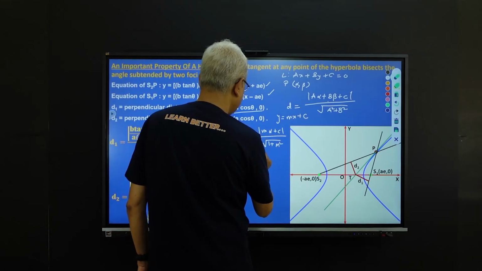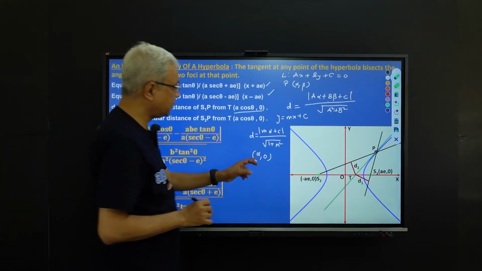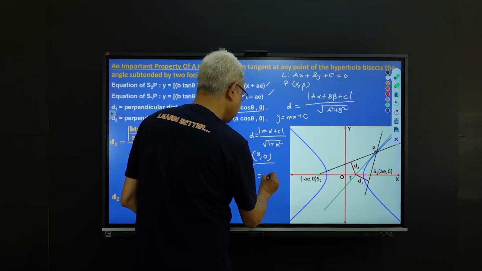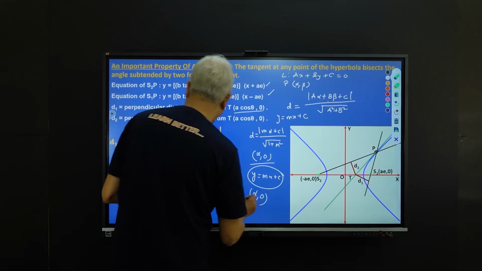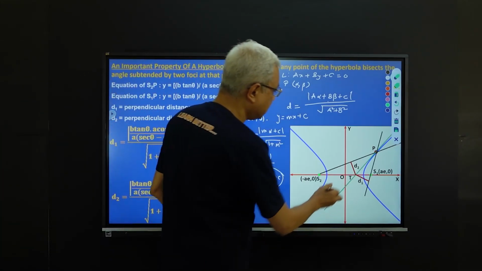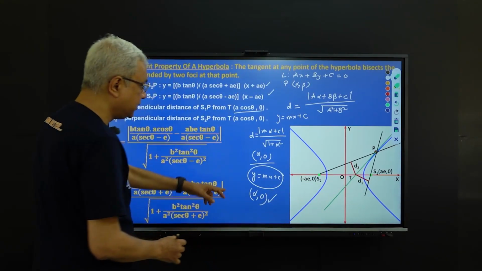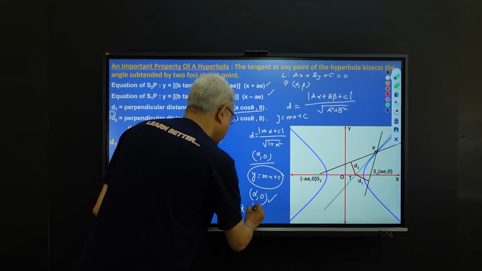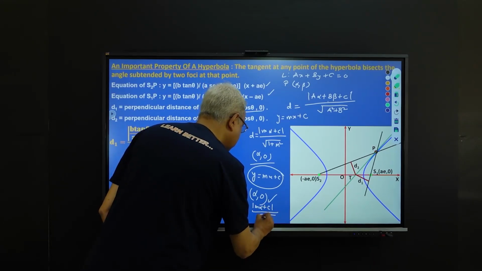If the point is (alpha, 0), where y = mx + c is the given line, and I am considering alpha 0 because our point (a cos theta, 0) lies on the x axis, then the perpendicular distance becomes mod of (m alpha + c) divided by root of 1 plus m square.